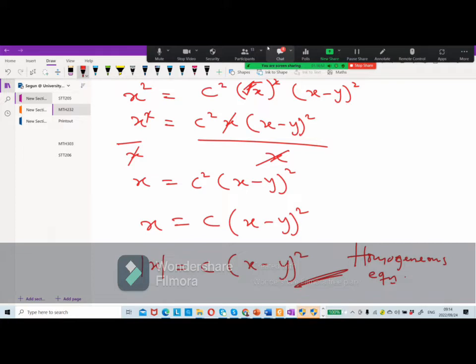To make it faster, we wouldn't need to expand this (x minus y). We just take the square root of both sides. Square root of both sides, yes. Okay, let's look at it together in order to make it work for every one of us.